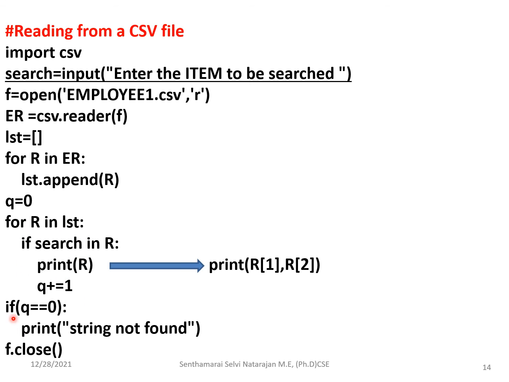So the for loop will be repeated. If there is no record, it will be checking. If the record is found, it will be adding. If it is not found, the value will be 0. If it is 0, we can say that the record is not found. So this is the correct way of writing the code to display the name and then the department.